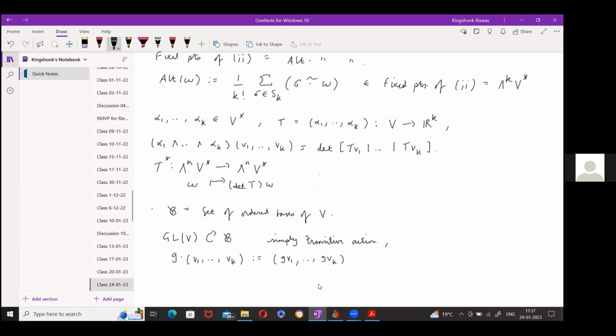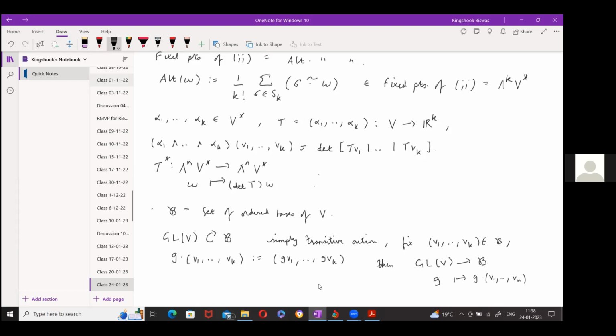All right. So that means what happens is, actually, if I fix an ordered basis V1 to Vk in my set of ordered bases, then the map, the orbit map, GLV goes to B, G goes to G dot V1 to Vn.